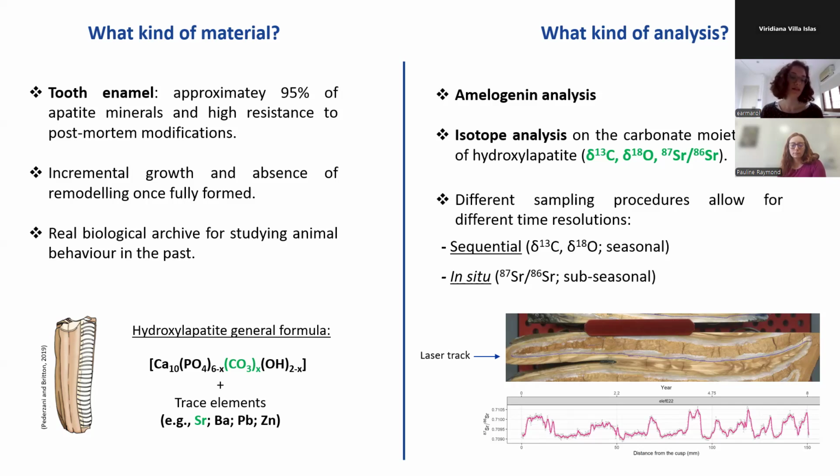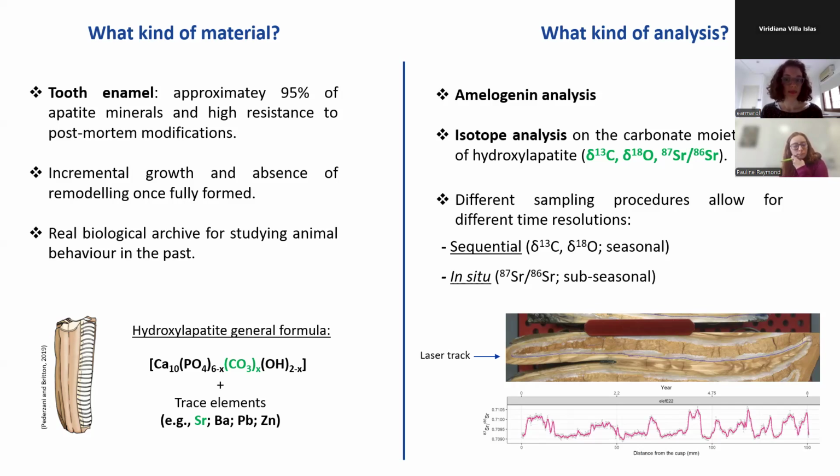Strontium has a similar chemical behavior to calcium because they belong to the same group of the periodic table, so strontium substitutes for calcium in small amounts in our apatite. We measure the radiogenic strontium for the study of mobility.